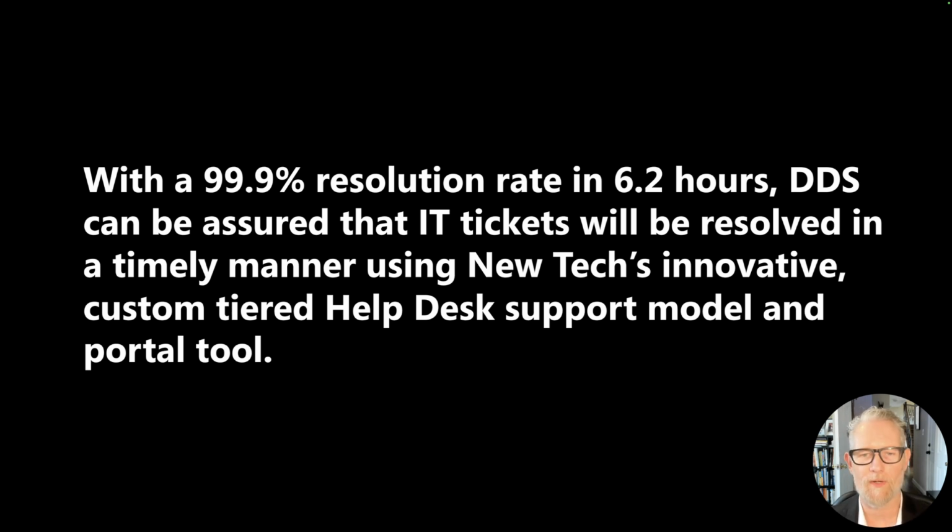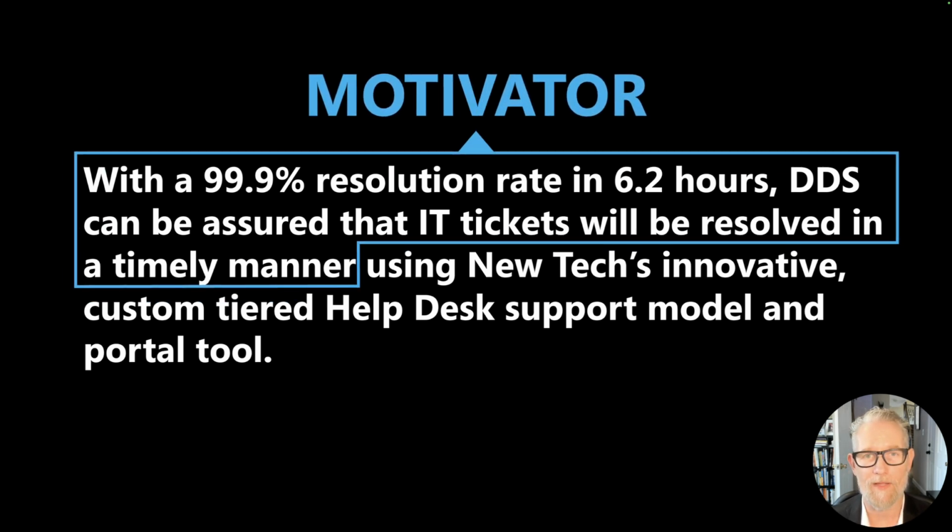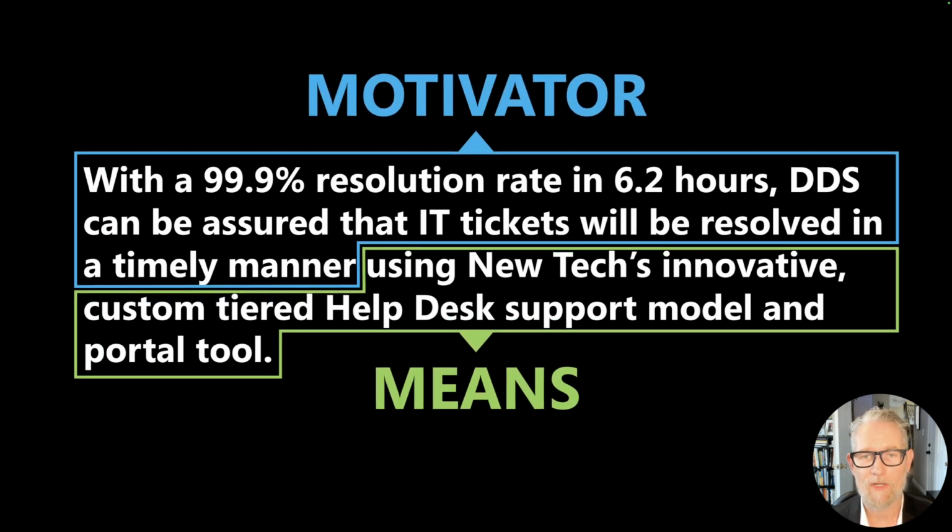DDS can be assured that IT tickets will be resolved in a timely manner using our innovative custom tiered help desk support model. Okay, I have a motivator. I have a means. We are doing a lot of things right, but we're using cognitive shortcuts. We're making sure that we don't have too many motivators.